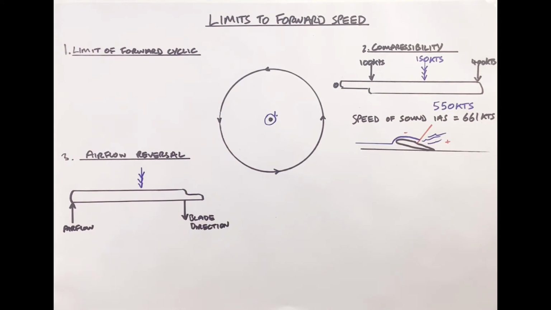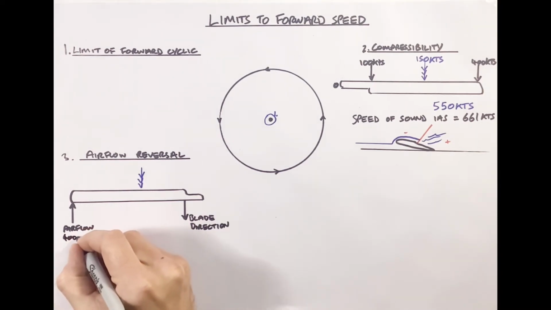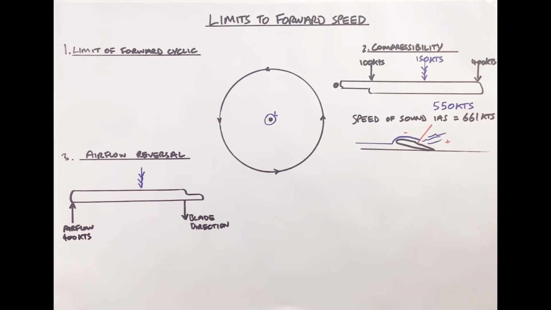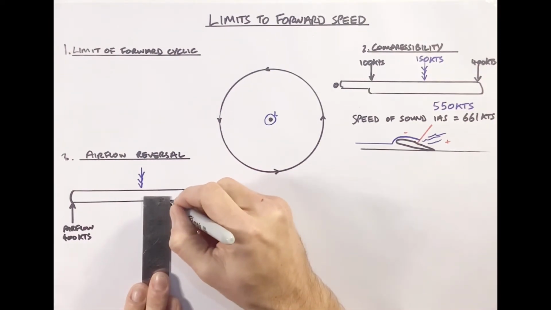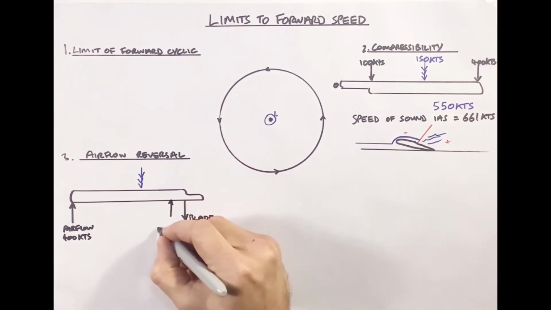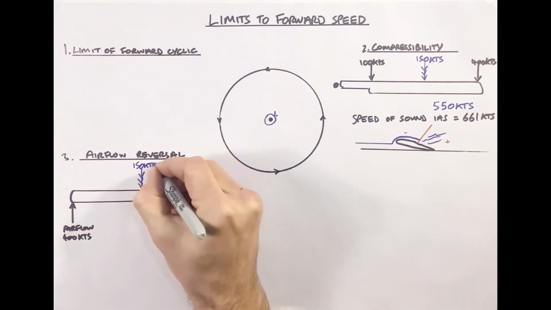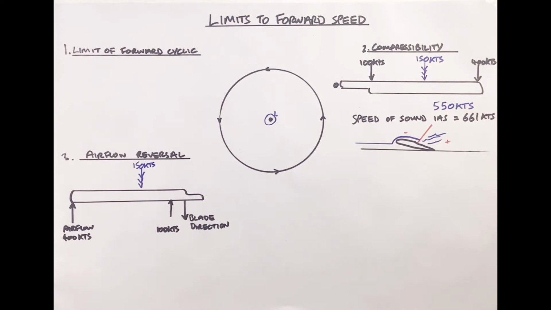So again, we'll just take some arbitrary figures. If we assume that we have created a 400 knots airflow on the tip, and we assume that we have created 100 knots at the root, but then we push the aircraft forward at 150 knots, we can now see that we've got a resultant airflow of 250, because this forward movement of the aircraft is cancelling out a little bit of this 400 knots that we've created by pushing the blade forward.